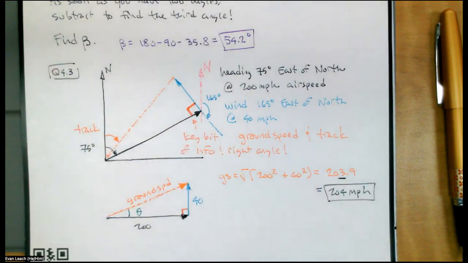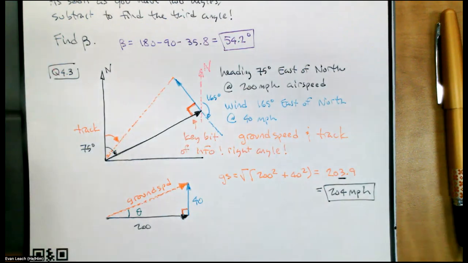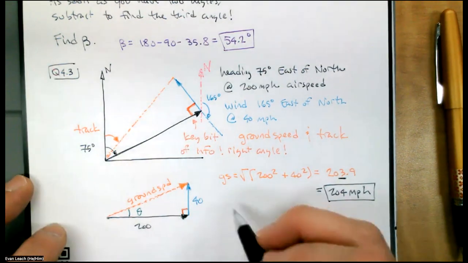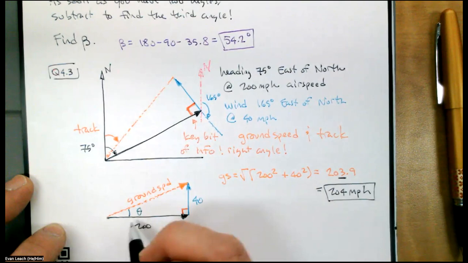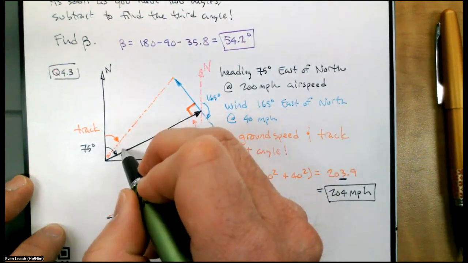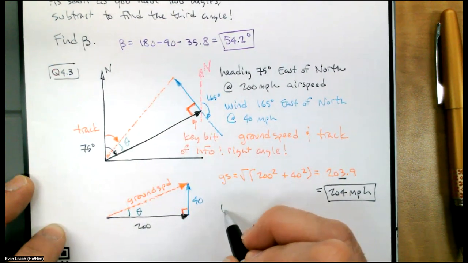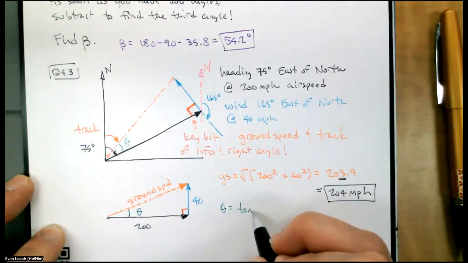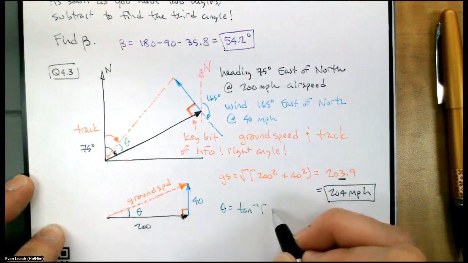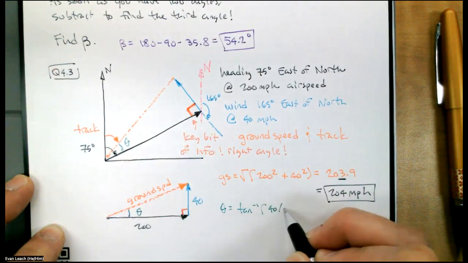The other thing that we need to find is the angle. Now, the angle in the triangle is not the one that we're looking for. Notice that the angle in the triangle that I marked theta, we could find that with a tangent because 40 is opposite, 200 is adjacent. So I'm going to say theta is tangent inverse of opposite over adjacent.